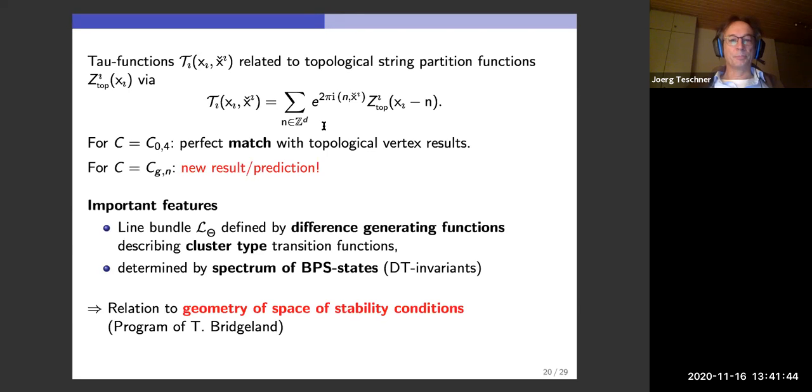Okay, so this proposal that we have has a rather non-trivial check, which is for some cases like C04, we can check it against topological vertex results. But if you wonder what all this business may be good for, in particular what it gives is some prediction or at least implicit computation of the results for arbitrary Riemann surfaces with genus G and N punctures, because the whole story has a pretty straightforward extension, and it basically defines these guys in this way.